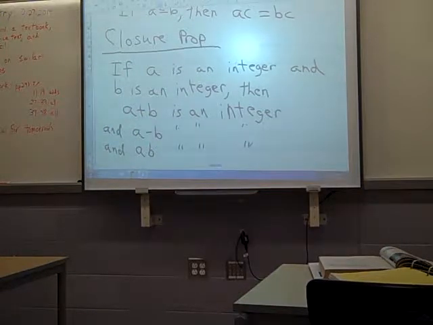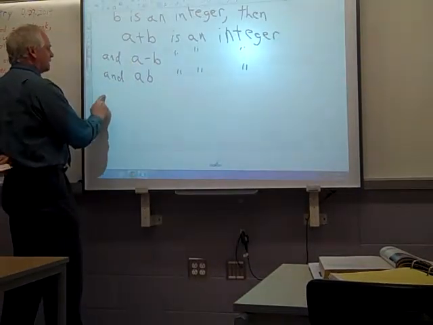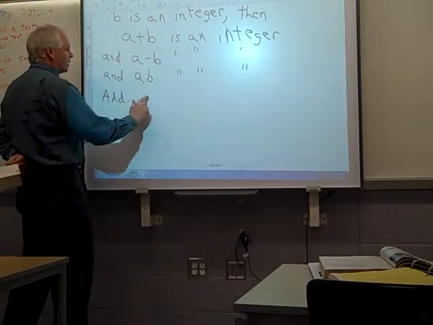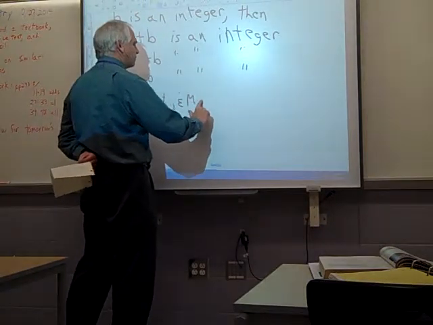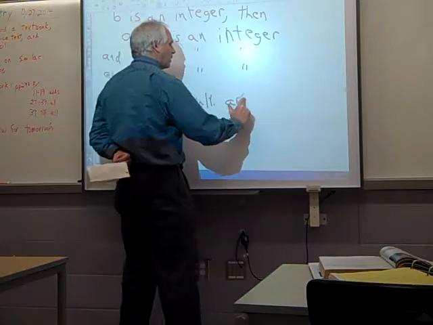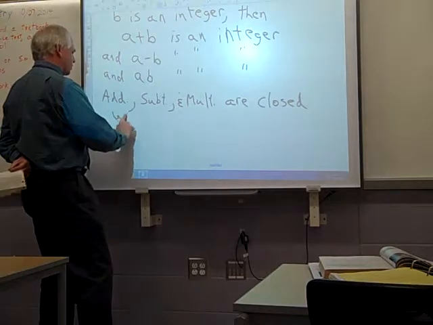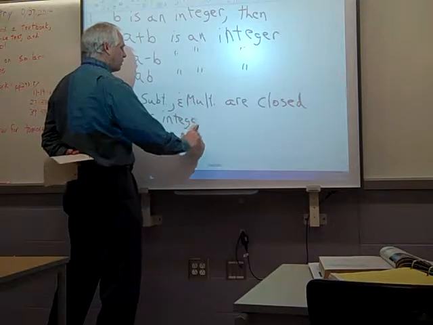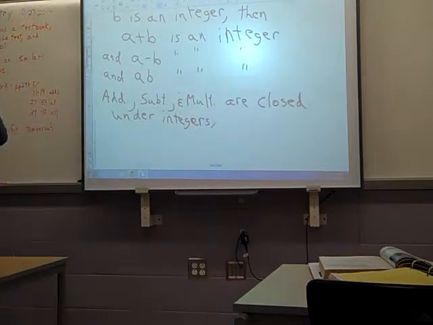A over B would equal 1/2, which is not an integer. That's a good counterexample. So we could say addition, subtraction, and multiplication are closed under integers. It means if you're using integers in your addition, subtraction, multiplication, the result is going to be an integer. The answer is going to be an integer.